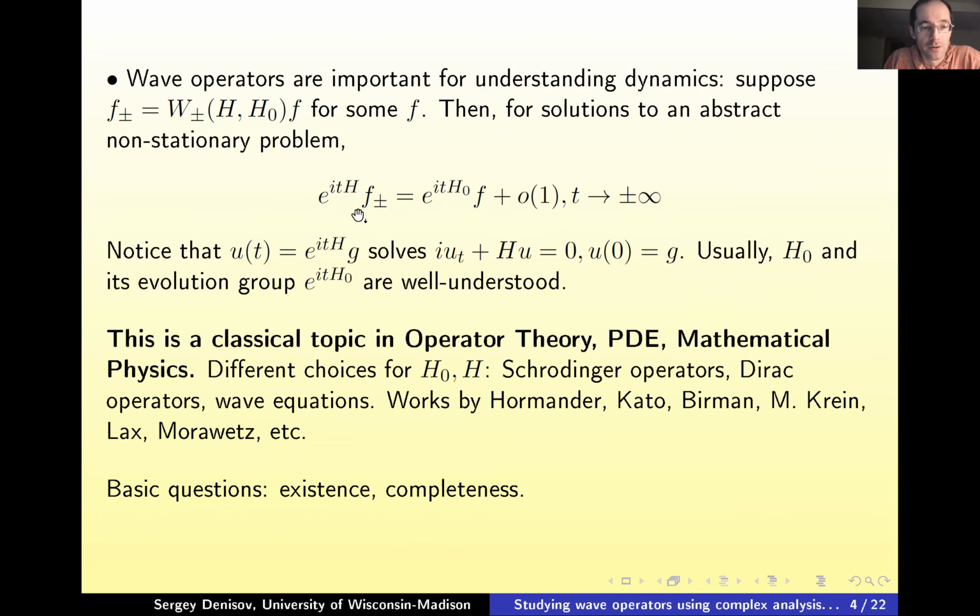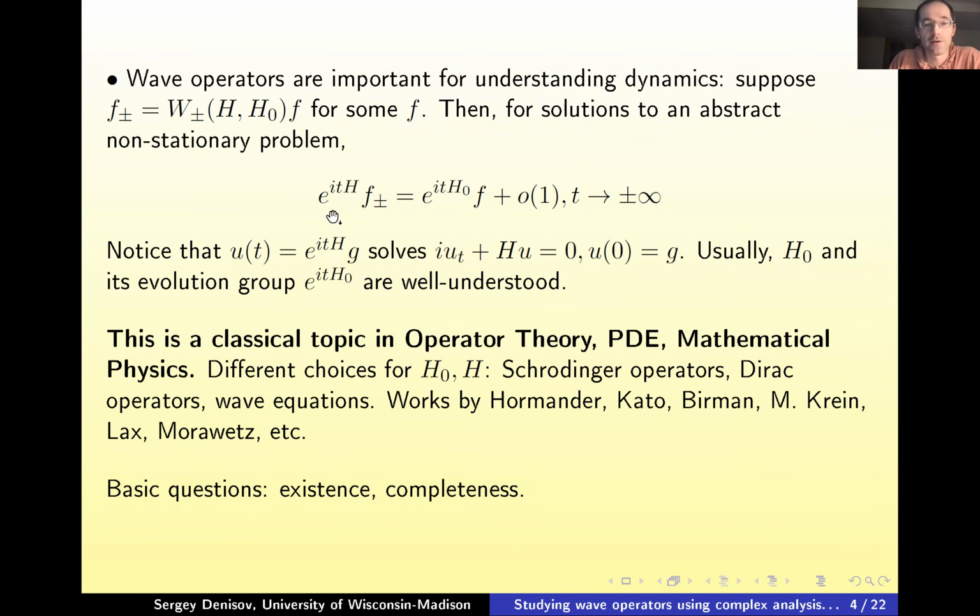So certainly this evolution is a solution to the general non-stationary problem. If you call u of t this e to the ithg, then this u will be solving this problem, and the initial data is going to be this g. And so the idea is that usually you take H0, this unperturbed operator, which is fairly well understood, and then you perturb it by something.